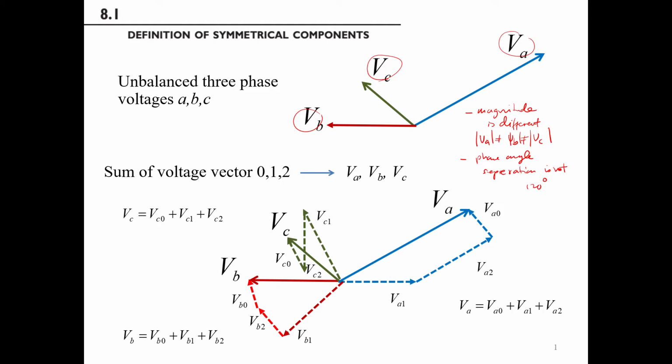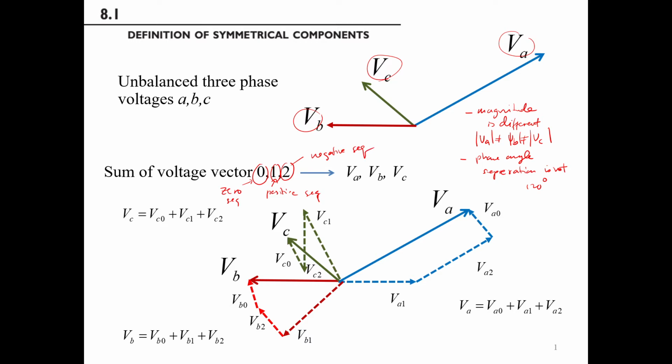The concept of a symmetrical component is that we are trying to express the VA, VB, VC as a sum of voltage vector 0, 1, and 2, where 0 would represent the zero sequence, 1 is positive sequence, and 2 is negative sequence.